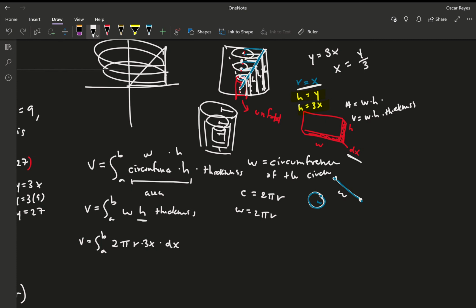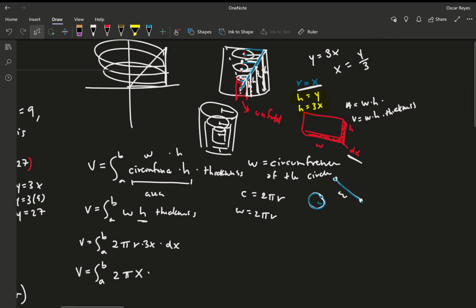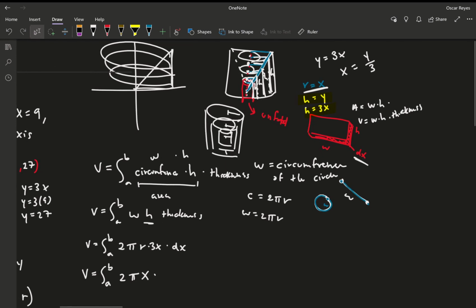So in this case, our volume is equal to the integral from A to B of 2 pi, and we know that r is equal to an x value at that moment in time, times 3x, with respect to x. So we already found out what y was here.